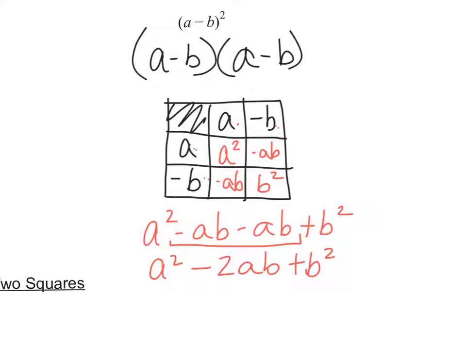It would only cancel if one was a positive and one was a negative. Remember the warm-up? All right, so here, I can write my factors as (a - b) squared.